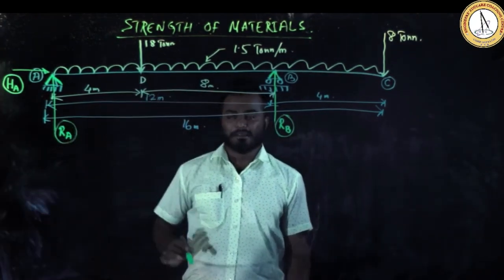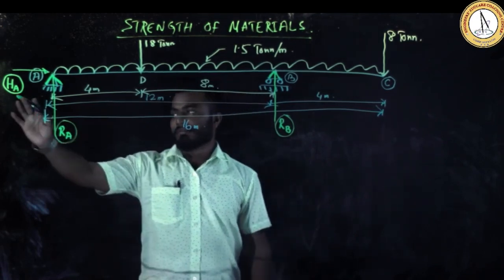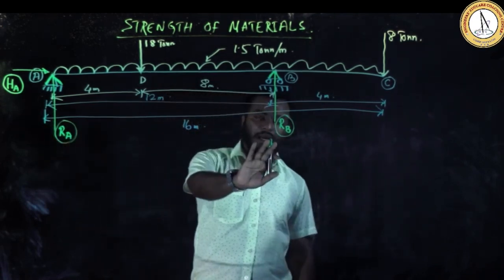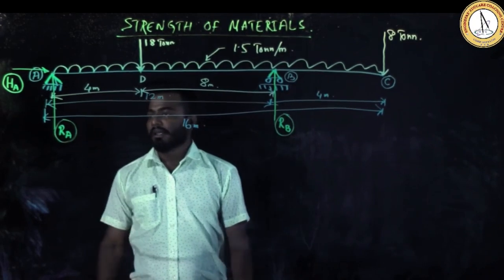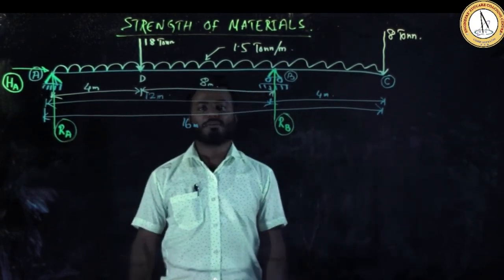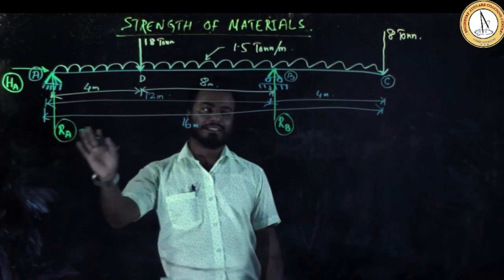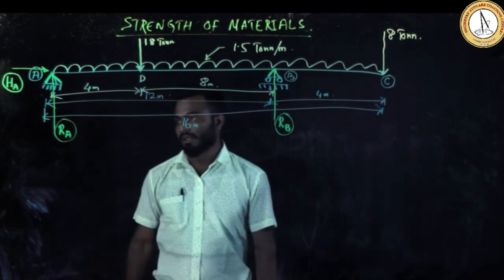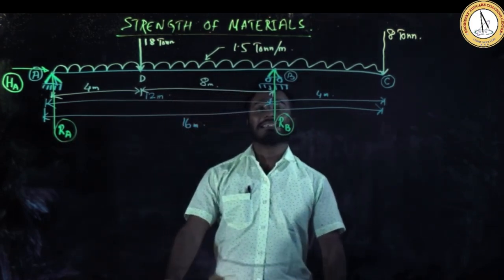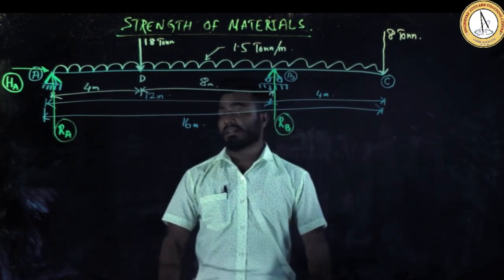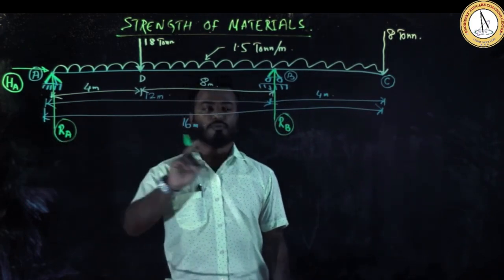The given problem is a determinate structure, so whatever solution I show you will be done considering it as a determinate problem. But in some other problem, if the number of unknown forces is more than the number of equilibrium equations, that means the structure is indeterminate, then how can we find the unknown forces?